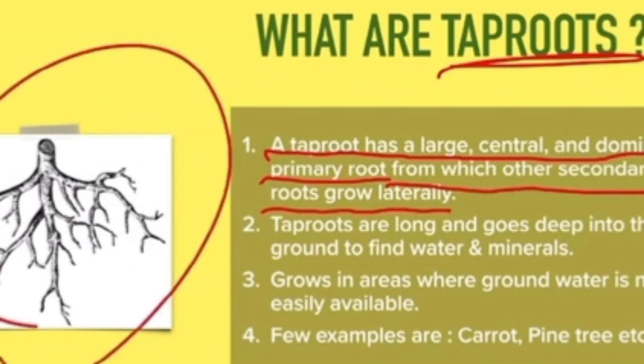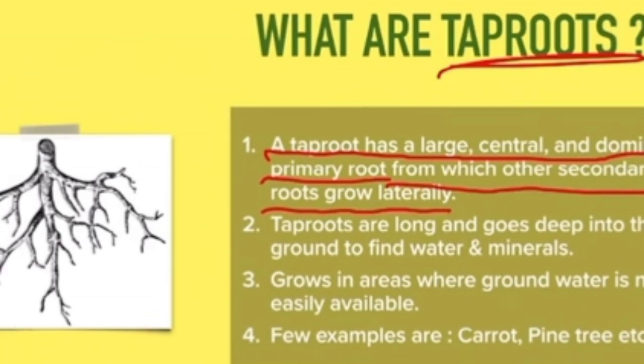Now here in the diagram, children, we can see it has a large central dominant root. I am showing it with the purple color. This is a large central dominant primary root, and it goes deep into the ground for absorbing water and nutrients. It is called the primary root. It is very dominant and it is in the large central portion.